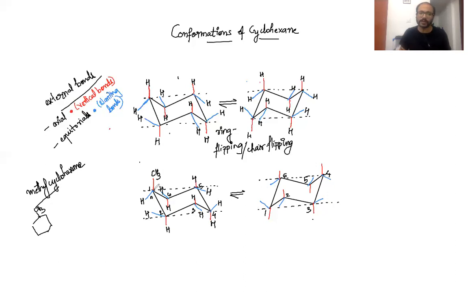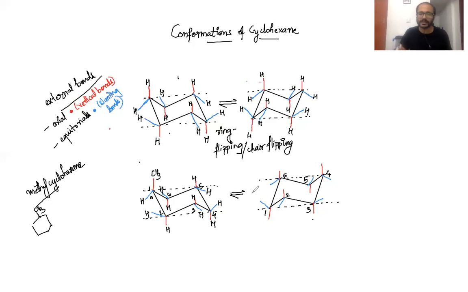Now in this particular conformation, the methyl group is attached to the first carbon at the axial position. When the ring flipping happens, whichever group is axial becomes equatorial.